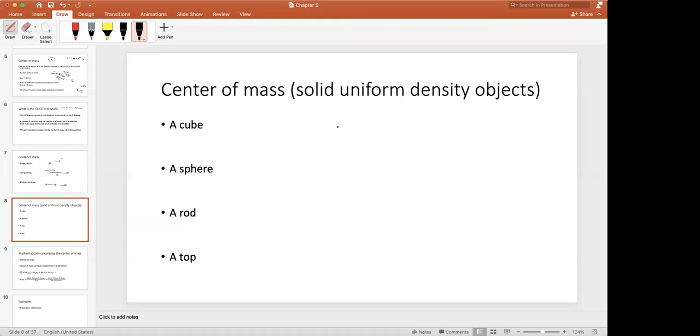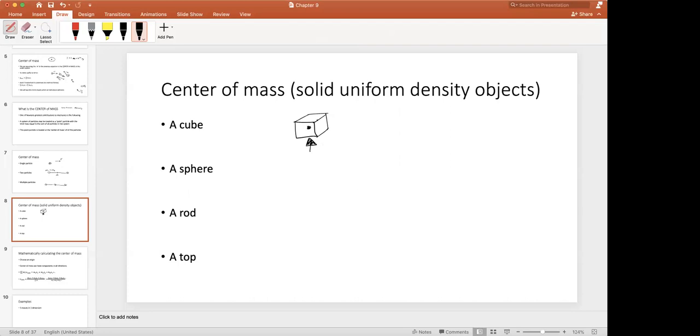What I want you to do is what you've probably known as a child, how to balance things. If I have a cube and I want to balance the cube, I can balance a cube on any face, right? As long as I'm at the center of the face. The center of mass of a cube is right in the middle.